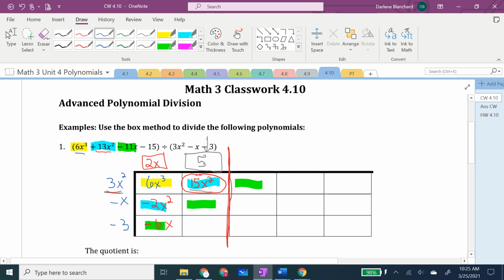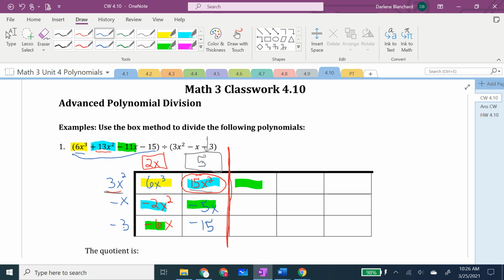Once I know that this is a 5, I can now determine what these 2 absolutely must be. So 5 times negative x, 5 times negative 3. And so does that make a complete polynomial that this is? No. Frustrating, frustrating. I did get the negative 15, but I did not get that negative 11x.